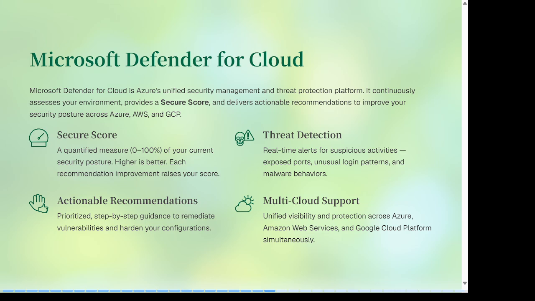If something looks abnormal, it immediately generates an alert. So instead of waiting for damage to happen, Azure detects threats as they occur.